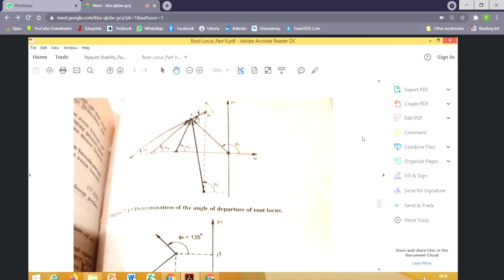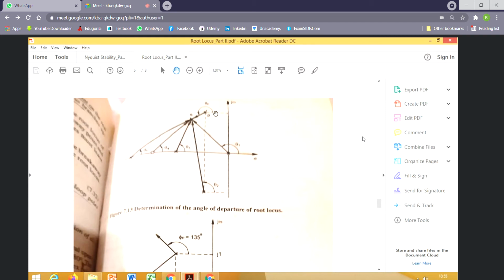And after constructing the phasors, we find that this particular zero contributes an angle which is given by theta 4. Whereas this open loop pole contributes an angle which is theta 1. This pole contributes an angle which is theta 2. This is theta 3. This is theta 4.